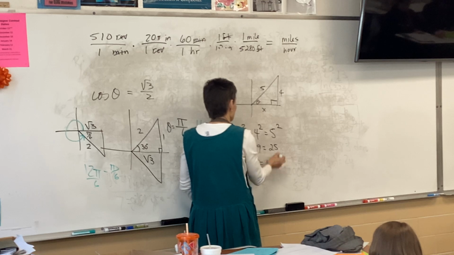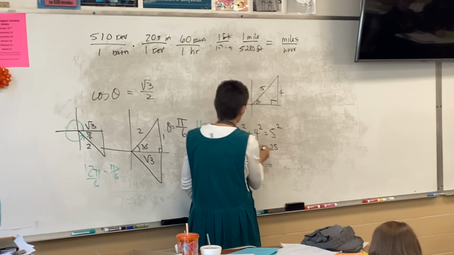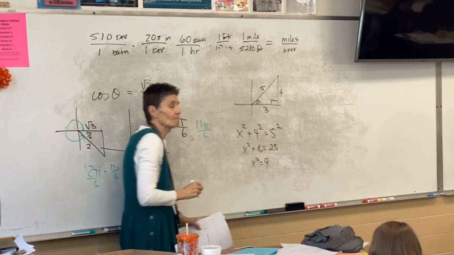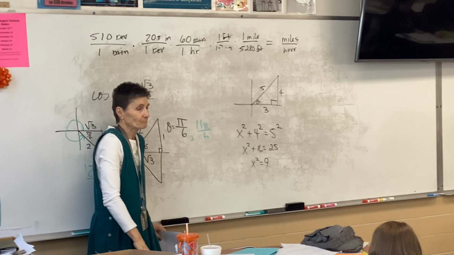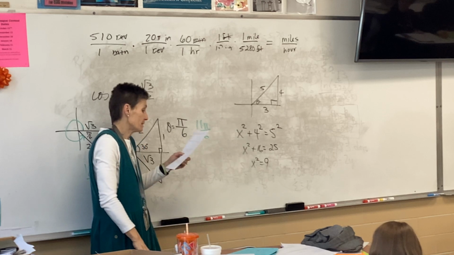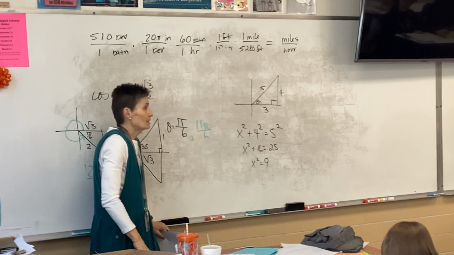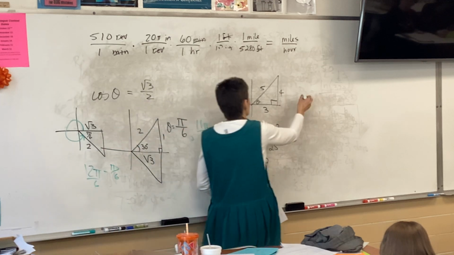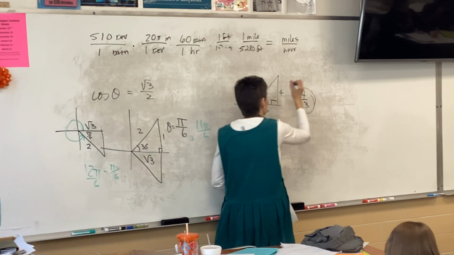So it looks like the missing side is 3. Great, and I want tangent. 4 over 3. Tangent is 4/3. Nice.